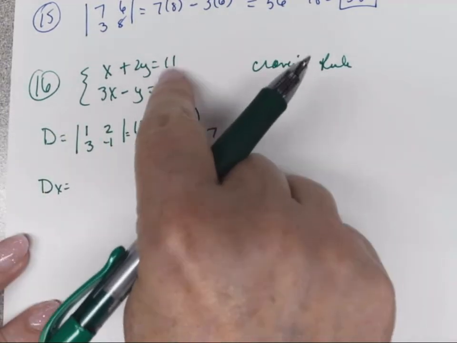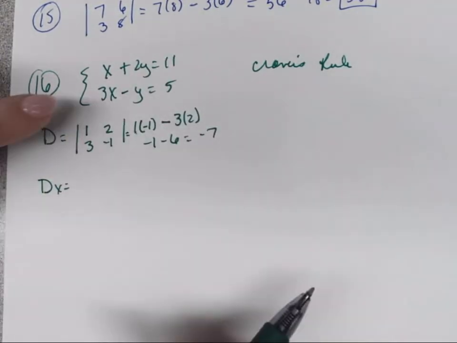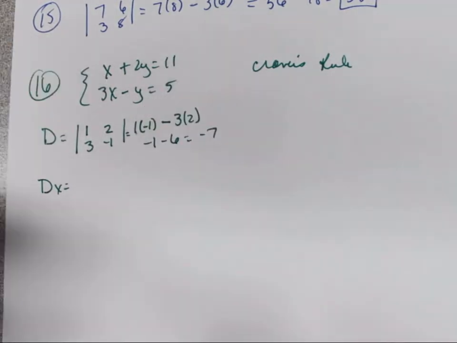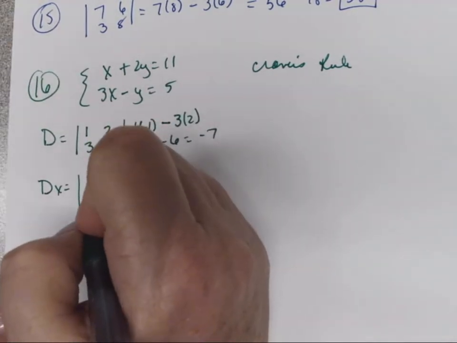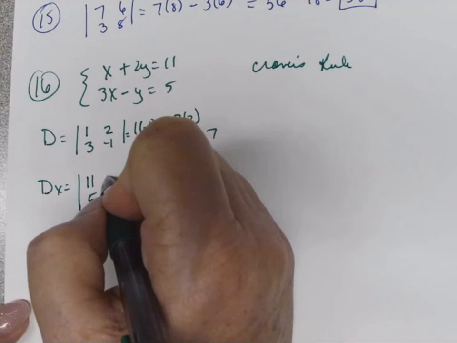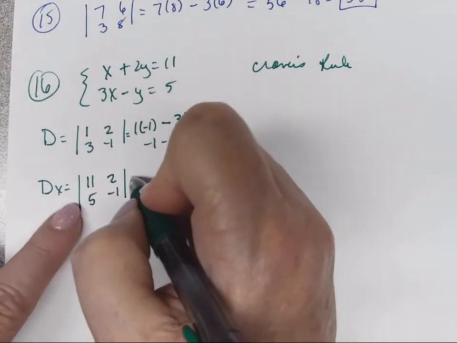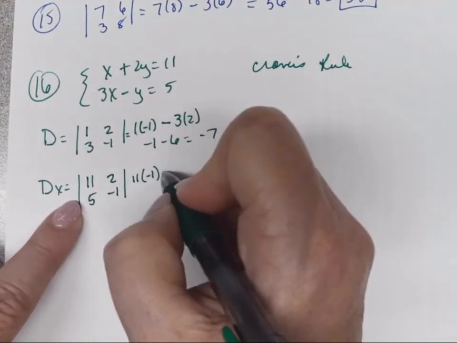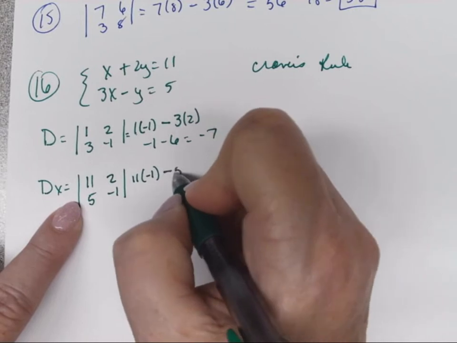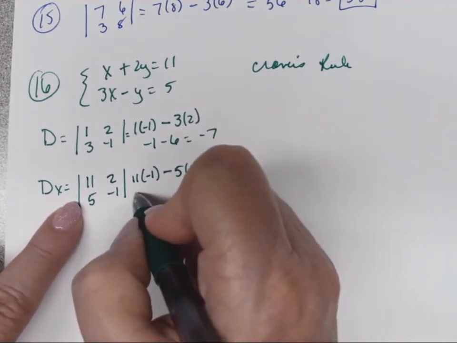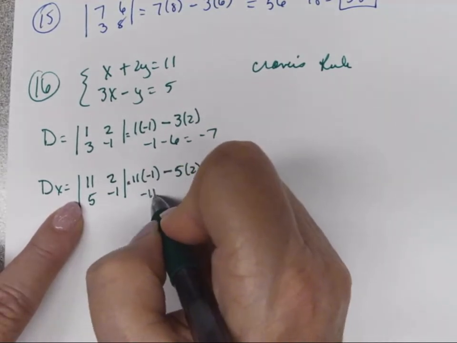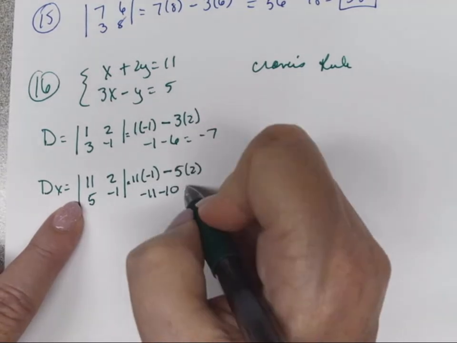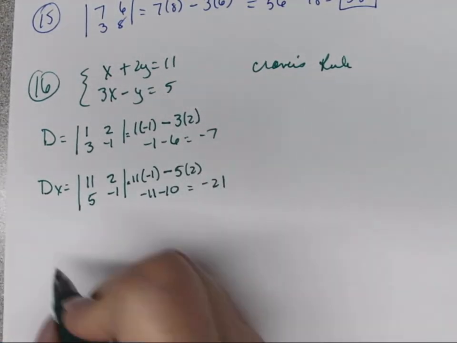So for Dx, we'll replace the coefficients of x with the ones on the equal sign. So 11, 5, but the y's stay the same, so 2, negative 1. So 11 times negative 1 minus 5 times 2. So that's negative 11 minus 10 will get us negative 21.